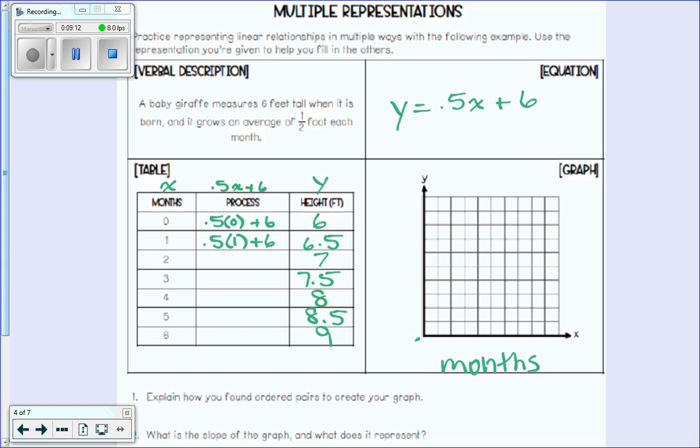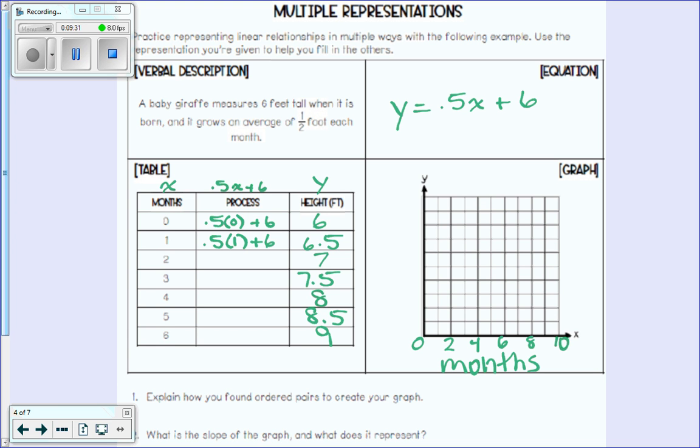We're going to start with 0 here, and I'm just going to label 2, 4, 6, 8, and 10 because I see that we go all the way up to 9 feet. Or actually 6, for x.